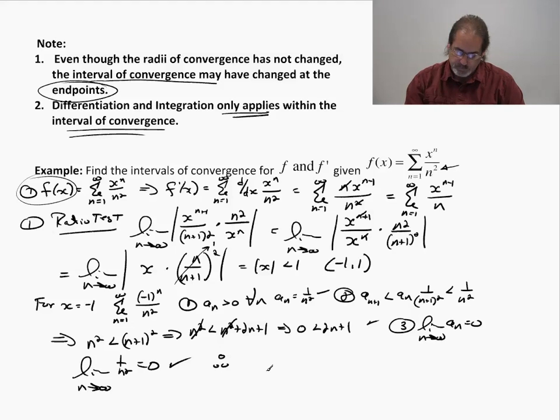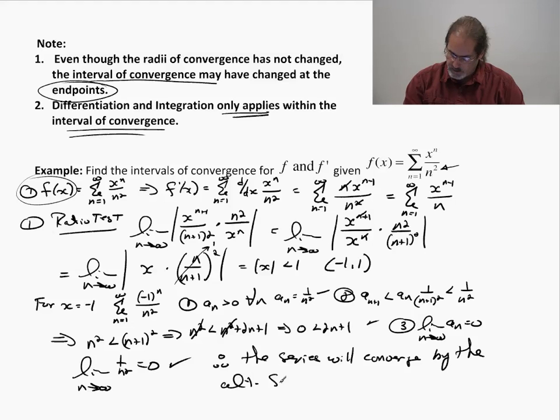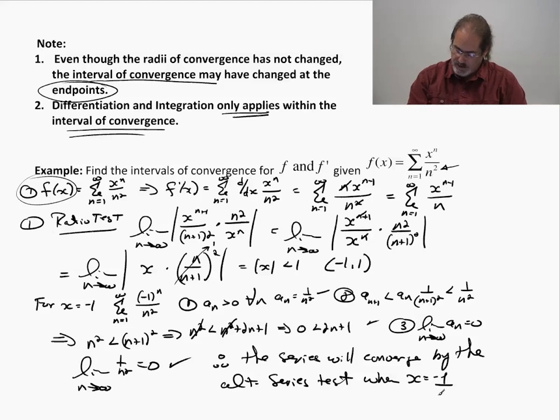Therefore, I'm going to say therefore the series will converge by the alternating series test when x equals negative 1. So I know that'll converge.